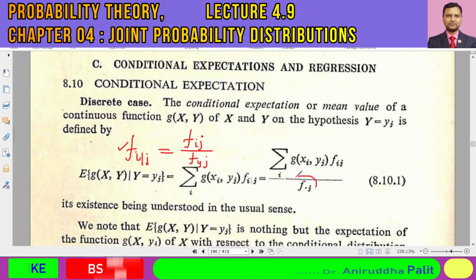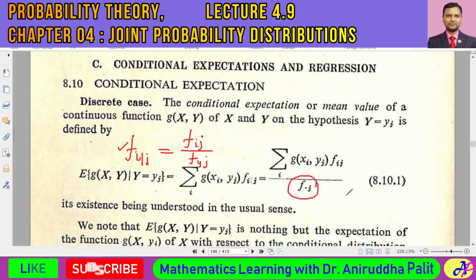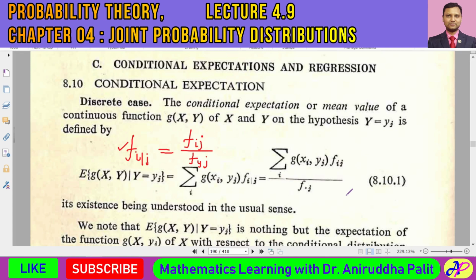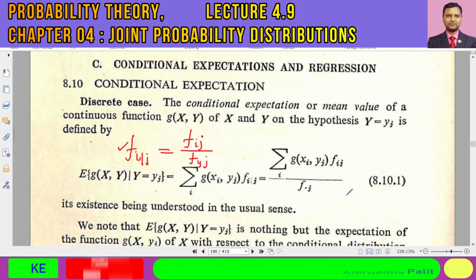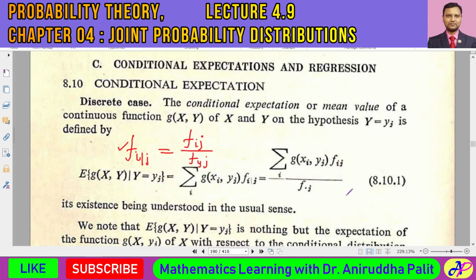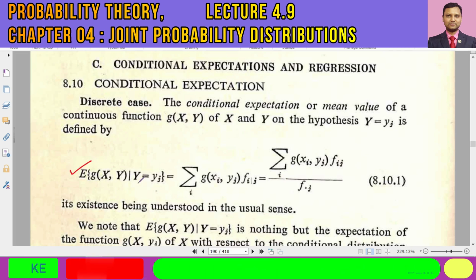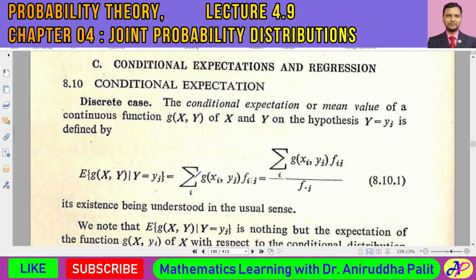You can also write this f(yj) as f(dot j), the marginal mass function of the distribution of Y. In this way we define the expectation of g(X, Y) when Y is equal to yj.